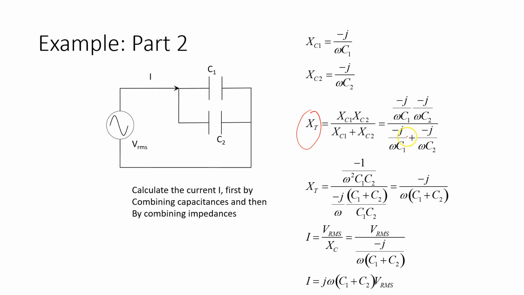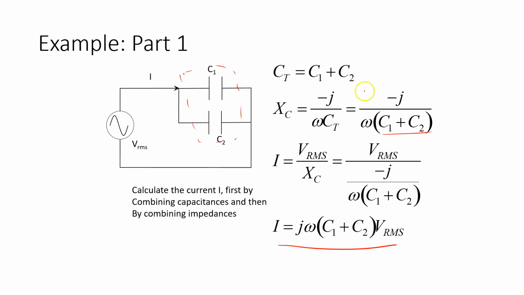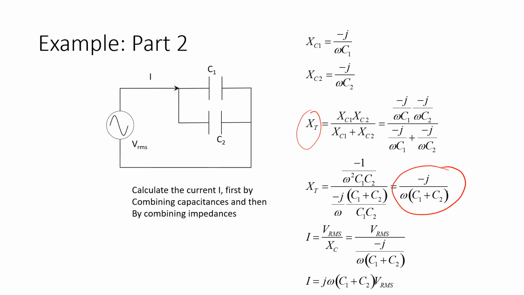So I multiply and add on the bottom here, and I have to go through all of this to reduce it to this form here. And we can see that this form is the same as this form here. So I end up with the same total impedance and the same result at the end of the day, but I had to go through a lot more working.